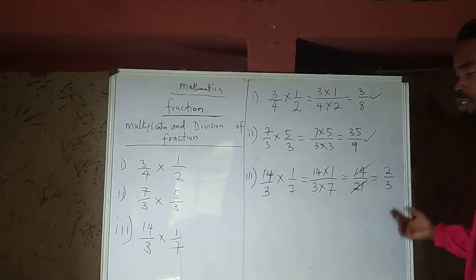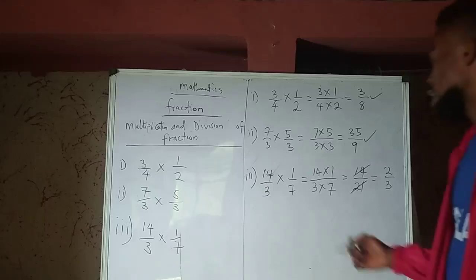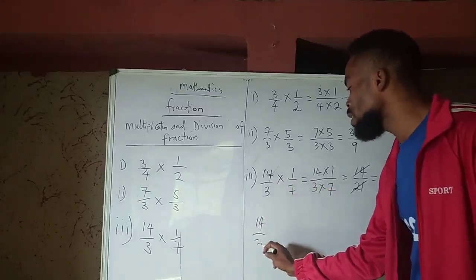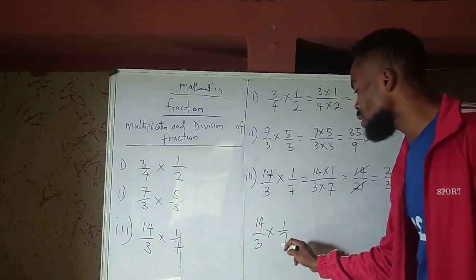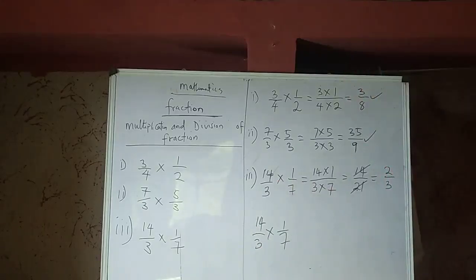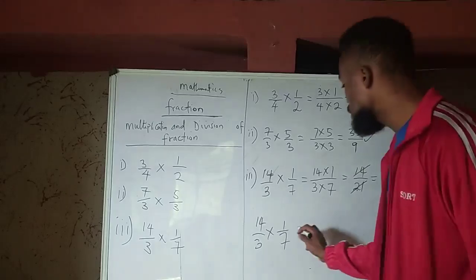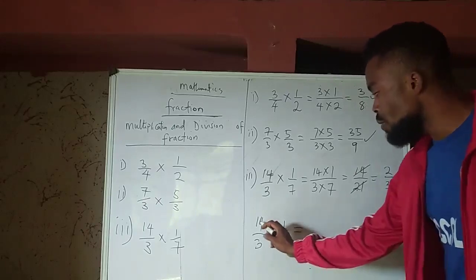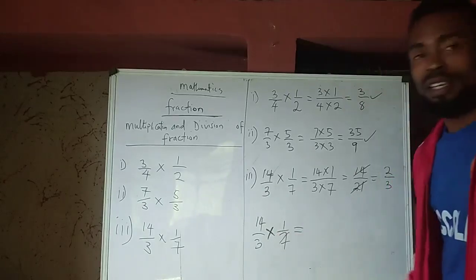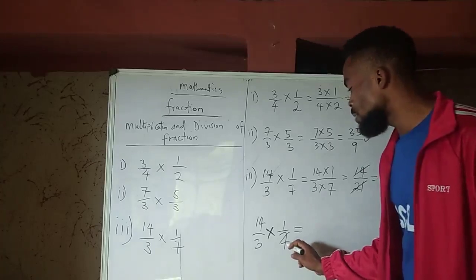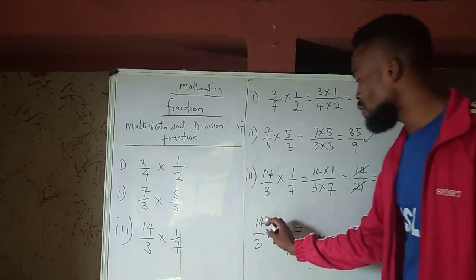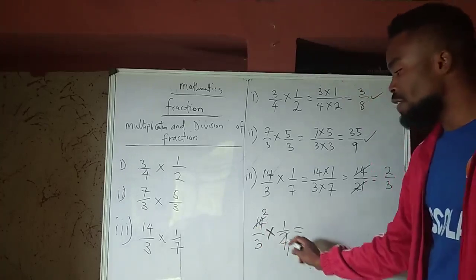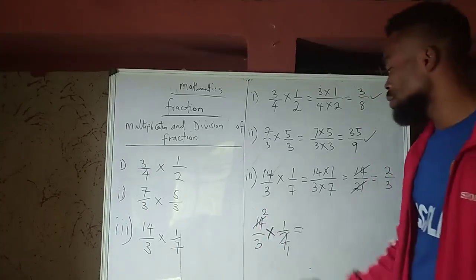Okay, so we can save ourselves this stress initially by looking at the solution in this other way. 14 over 3 times 1 over 7. Because I have a multiplication sign, and I see that 7 can be divided by 7, and 14 can be divided by 7, they have a common factor, so I can reduce this now.